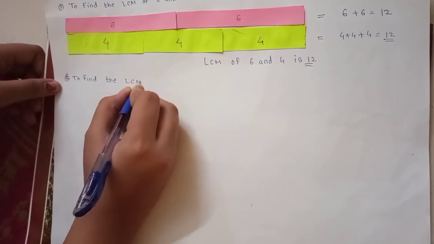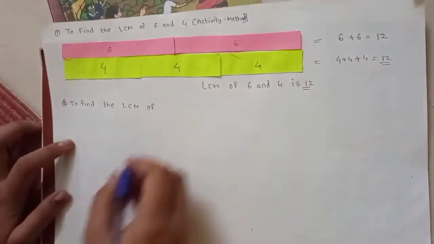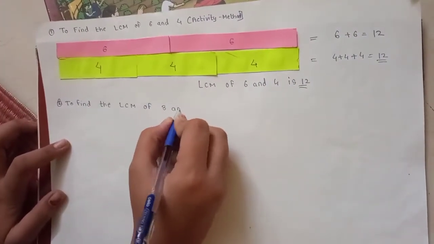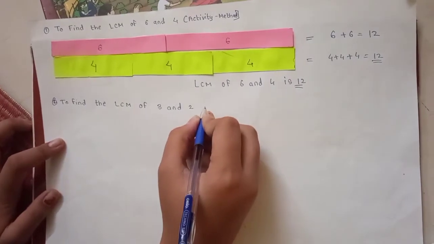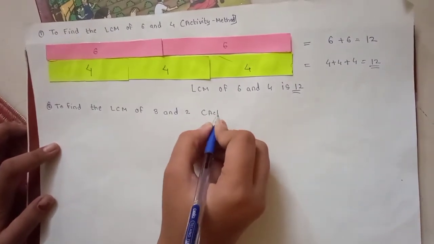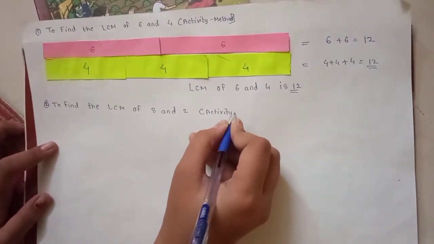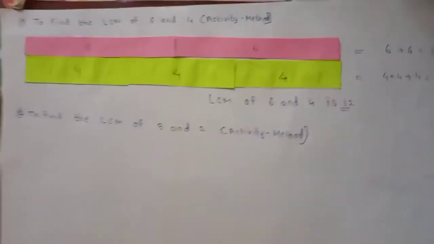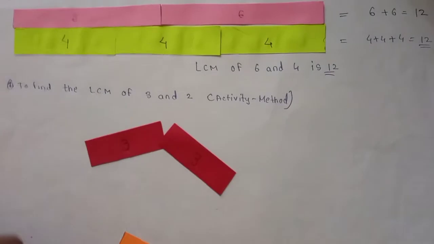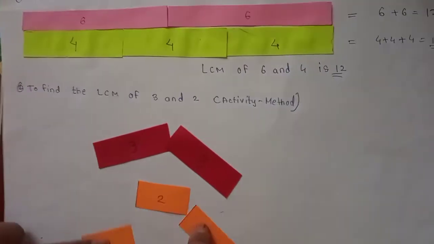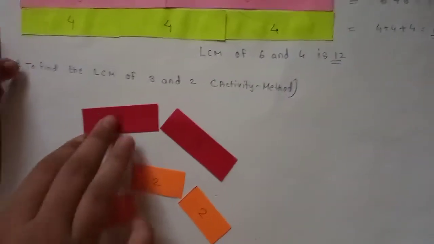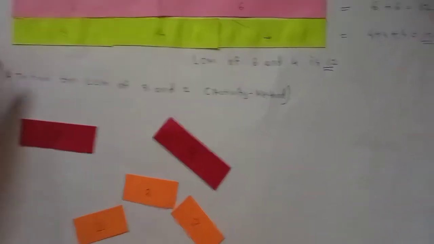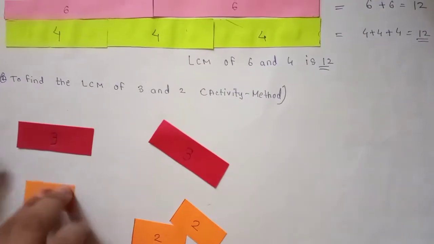To find the LCM of 3 and 2 by activity method, here I have some strips of 3 number and 2 number. Here we have to do the same step. First we have to stick the 3 number strip like this.